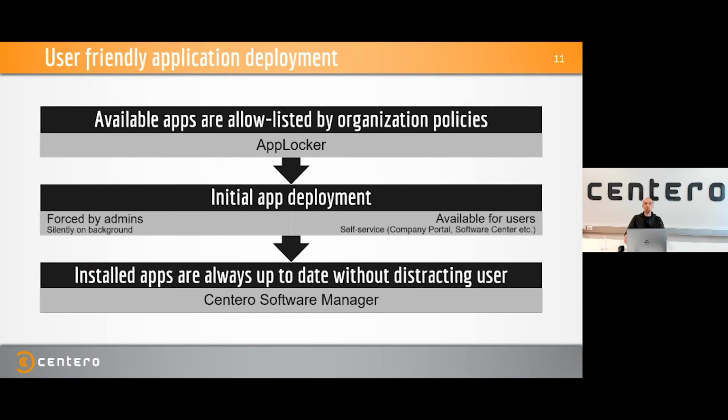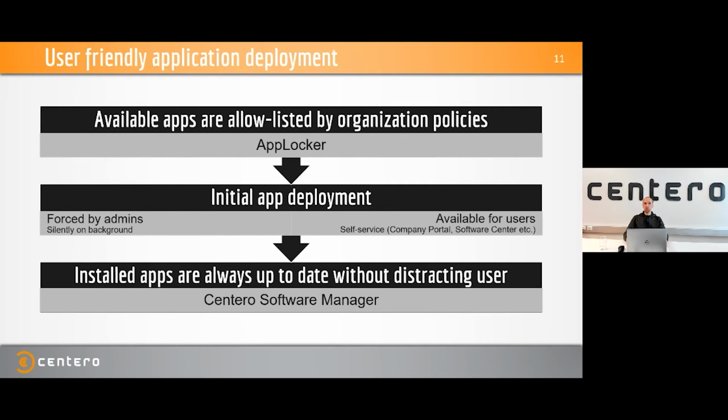And then the users would use, for example, Company Portal in case of Intune and Software Center, for example, for the SCCM environment. So the users just start the installation manually from there. But the installation itself, once again, is always done at the device level.